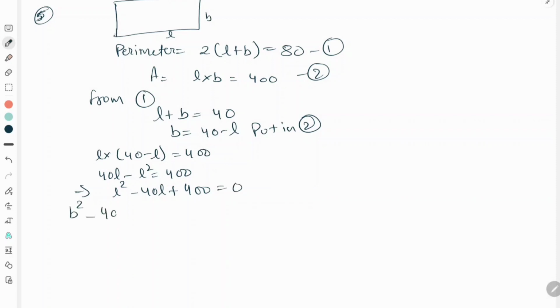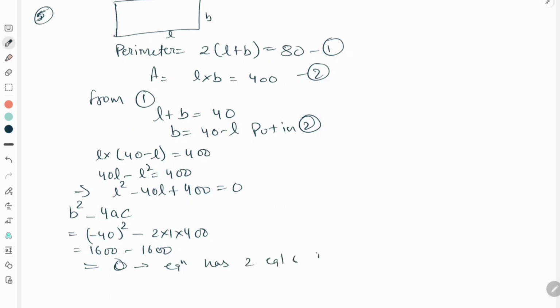Now find out the value of b square minus 4ac. It will be minus 40 square minus 4 into 1 into 400. So it means 1600 minus 1600, 0. It means the equation has two equal and real roots. Hence this scenario is possible.